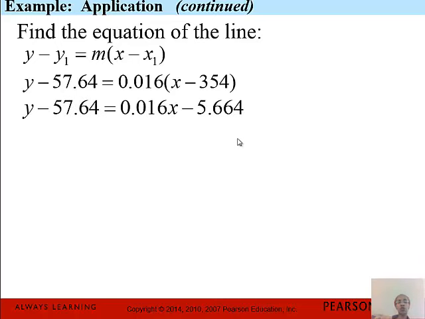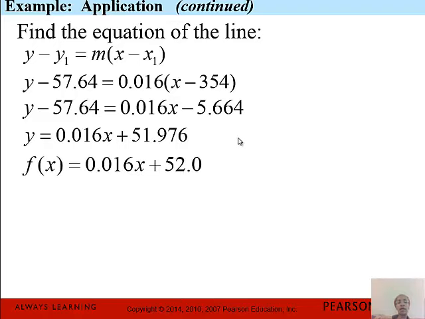We'll use the distributive property on the right side. And now let's add 57.64 to both sides of the equation. So this then gives us a linear model of this application.